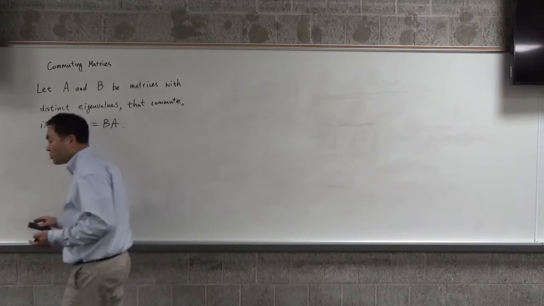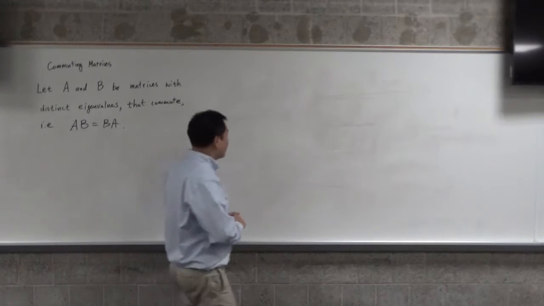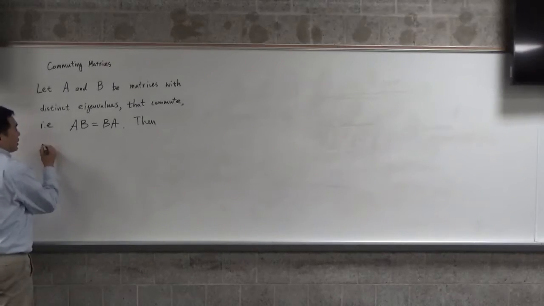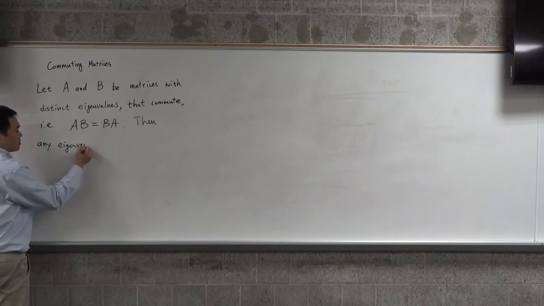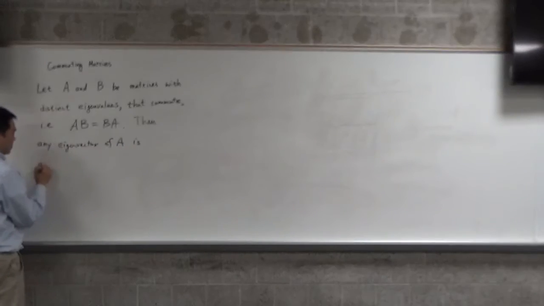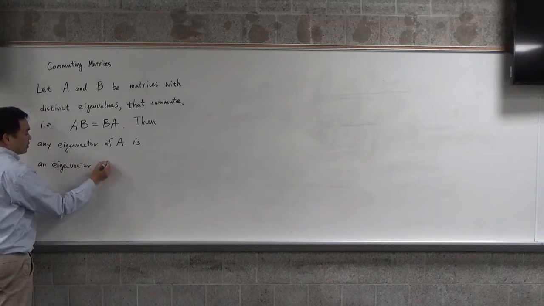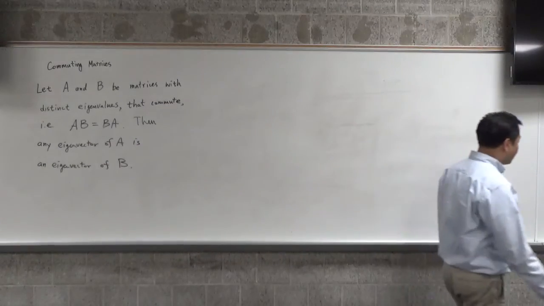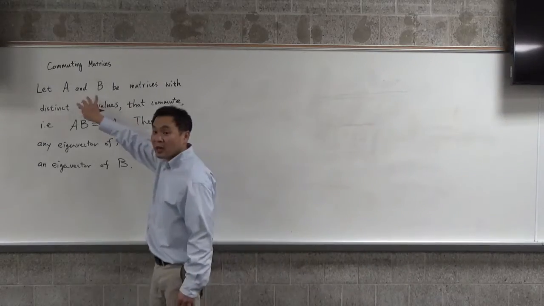So let's say you have such a matrix, and let's say they commute. Then any eigenvector of A is an eigenvector of B. And vice versa, because A and B are symmetric.